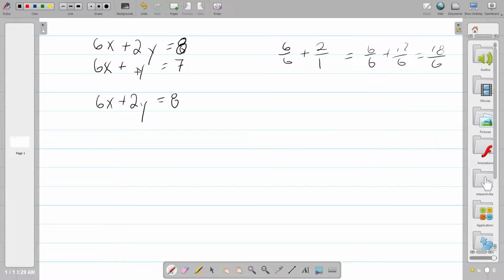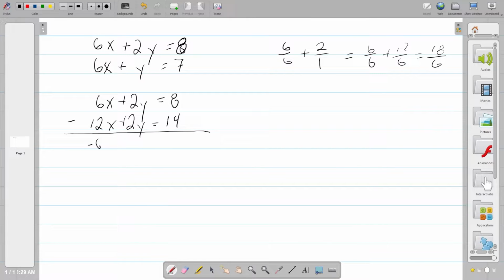Now we're going to multiply the bottom by that 2. So 6 times 2 is 12x plus, now 2 times 1 is 2y, equals 7 times 2 is 14. And we're going to subtract.